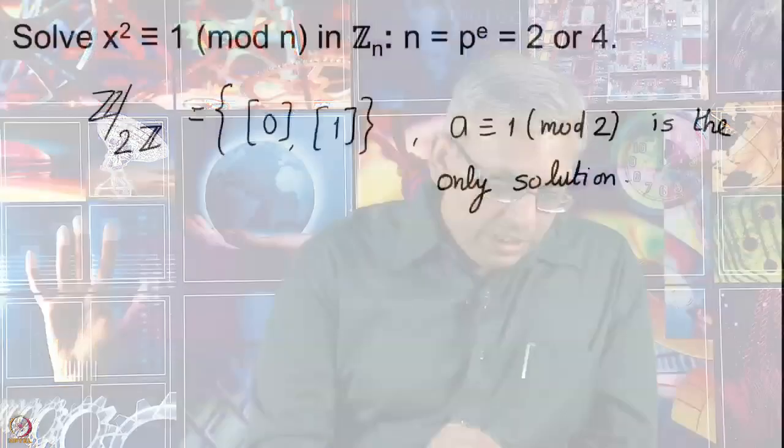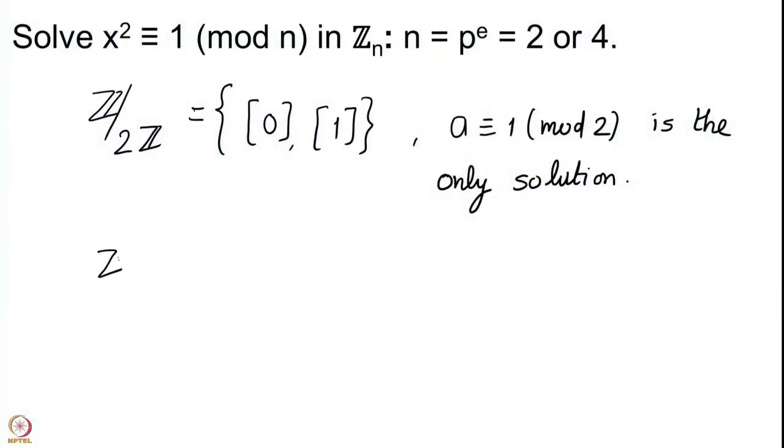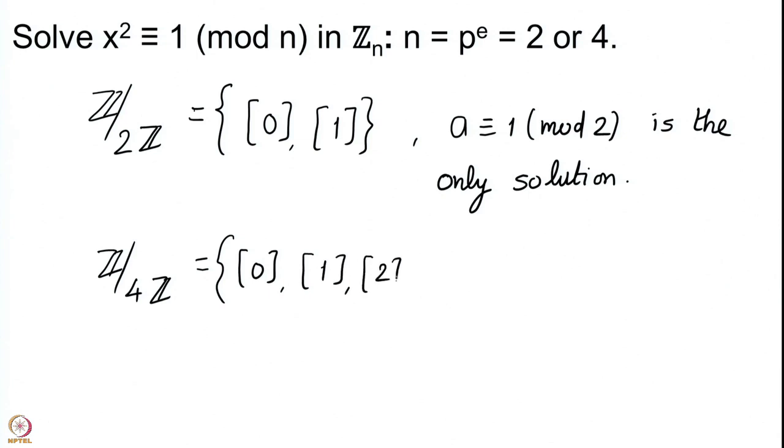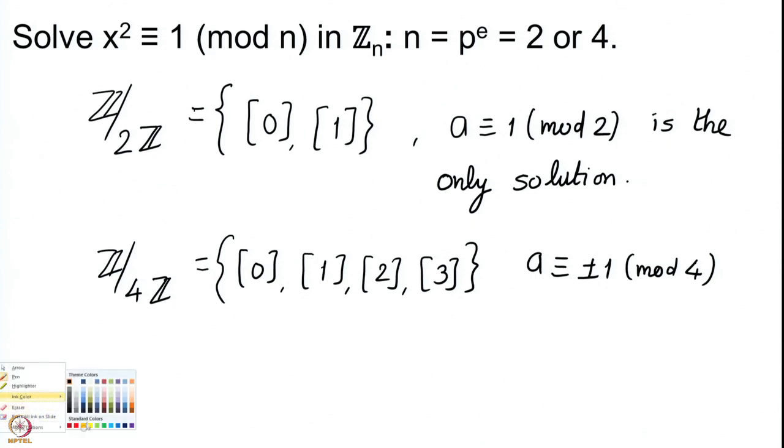Let us go to the next set, which is Z mod 4Z. We have 4 elements 0, 1, 2 and 3. As we know that a congruent to 1 mod 4 and a congruent to minus 1 mod 4, these are always the solutions. So, what is 1 mod 4?